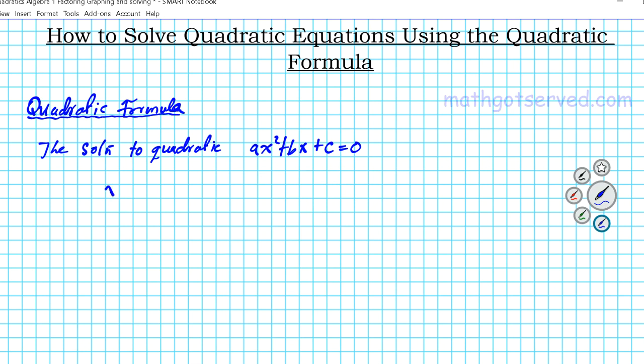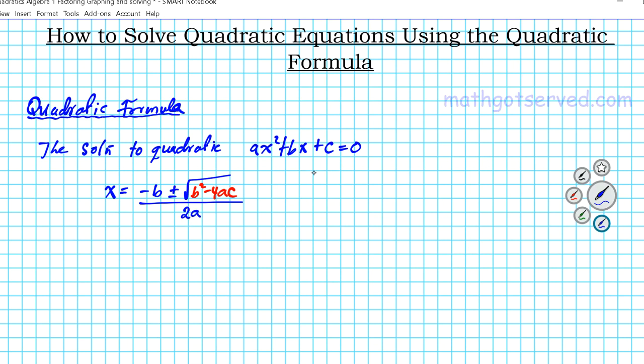The solution is x equals negative b plus or minus the square root of b squared minus 4ac, this entire thing divided by 2a. Okay, so this is basically the quadratic formula for you.